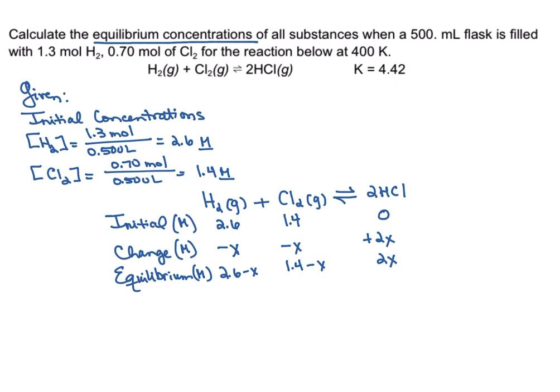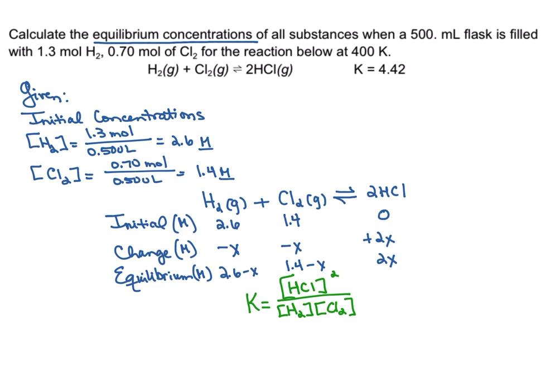The next thing I want to do is remind myself of the equilibrium constant expression. Remember that the equilibrium constant expression is K equals the concentration of the products raised to the power of its coefficient over the concentration of the reactants raised to the power of its coefficients.